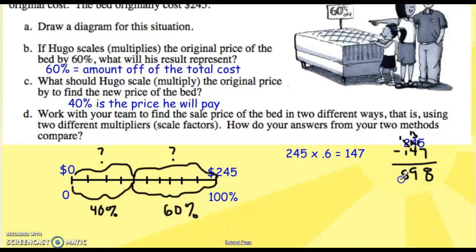So here I find the price he will pay is $98. So that will be how much is left after I take 60% off. Now the other way I can do it is I can just start with 245 times 40%, and if you do that on your calculator, I'll give you a second.